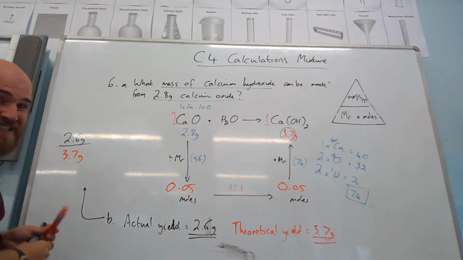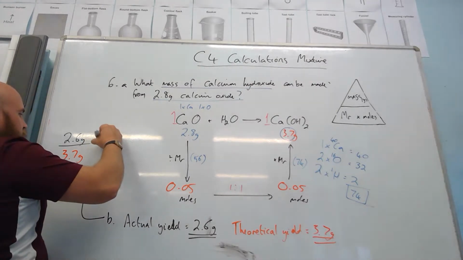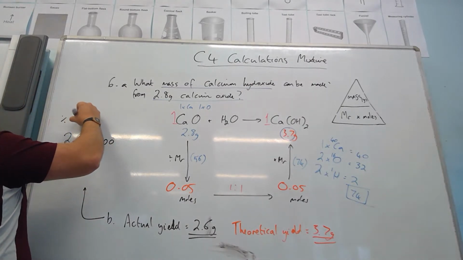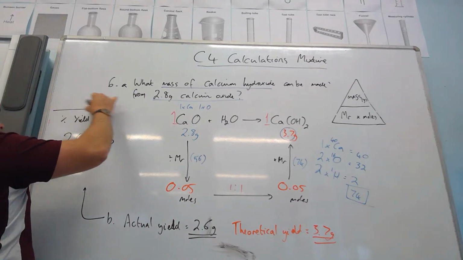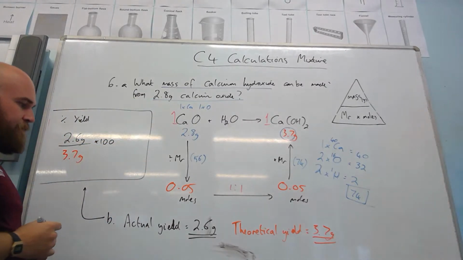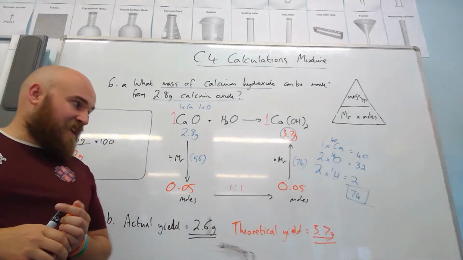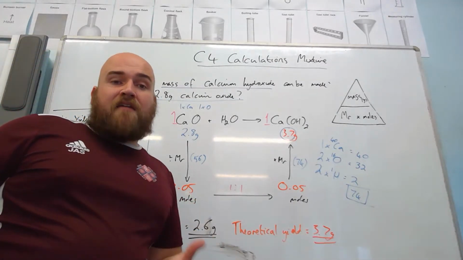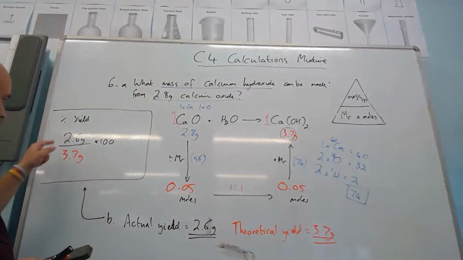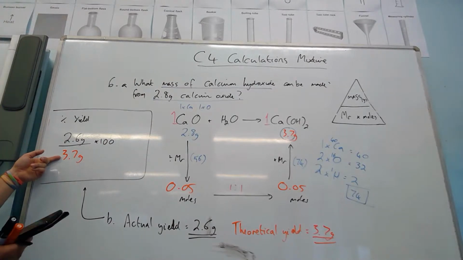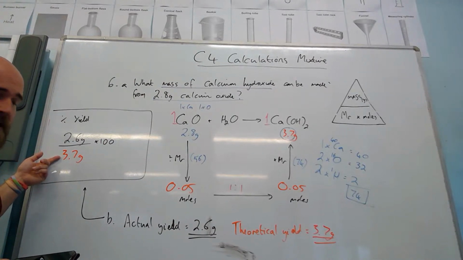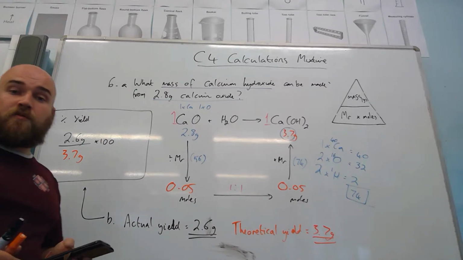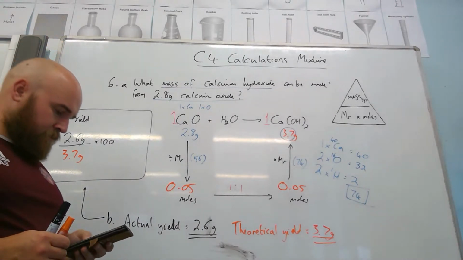And then because it is percentage yield, times it by 100. All right. And even if you've made a mistake with your orange number, as long as you carry that error forward into this here, so if that orange number was something like, I don't know, 1,000,000 grams, because you made a really horrendous mistake, it doesn't matter, you will still get the marks.